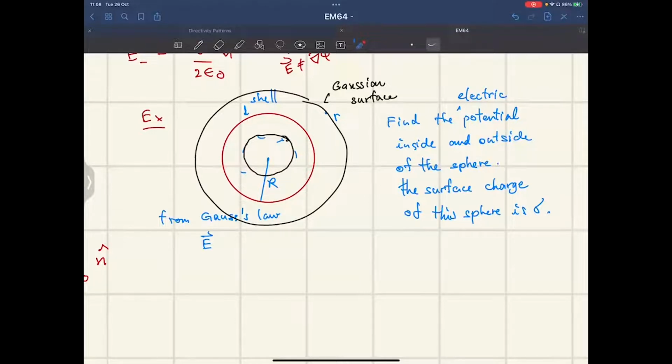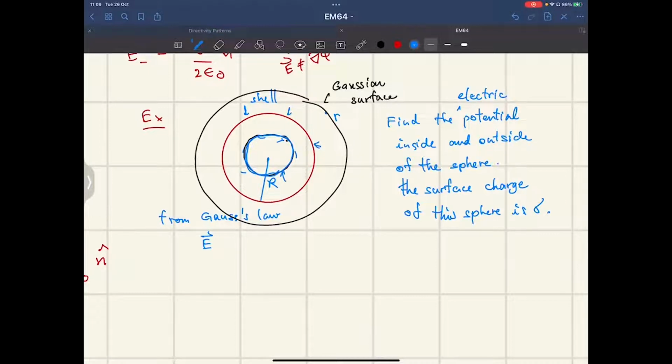Now, let's check the inside first. It's simple for the inside. This Gauss surface, does it cover the charge? If you still remember, a Gauss surface has to enclose charge. The charge is here on the surface, none inside.